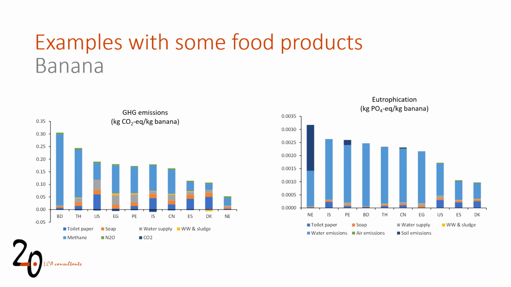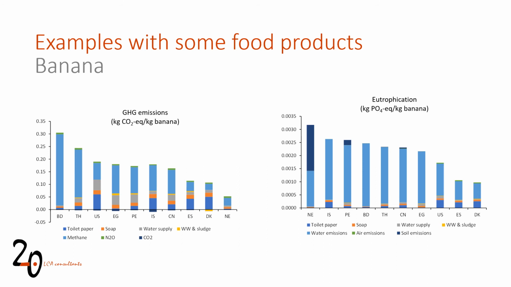So now we go to the results, and first we have bananas. On the left side we have the results for greenhouse gases, on the right we have eutrophication, and we see in each graph how different activities are contributing to the impact.